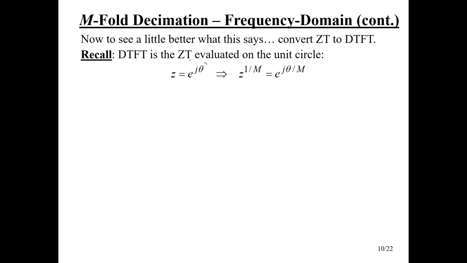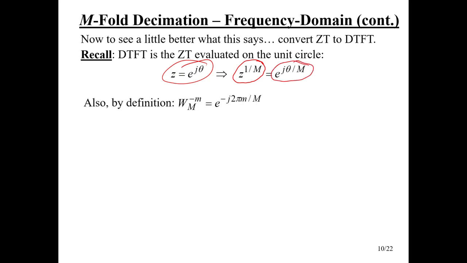So we're going to replace Z by that. But what we're really interested in is Z to the 1 over M. That's going to get replaced by e to the j theta over M. So let's do that. And remember our definition of W. If we look at W sub capital M raised to the minus little m, that's just this thing.